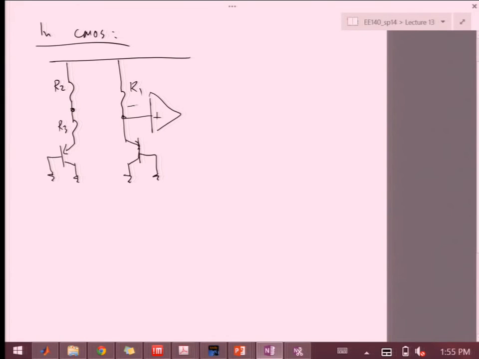Okay, and then I'm going to draw, okay, so we'll label these as Q2 and Q1. So if I have essentially a circuit here, that's my amplifier. I'm tying it in negative feedback through R2 and R3.